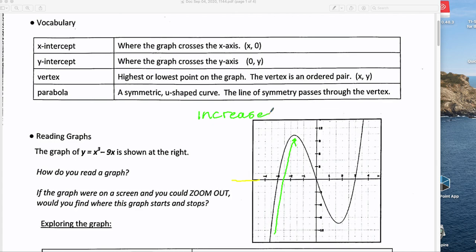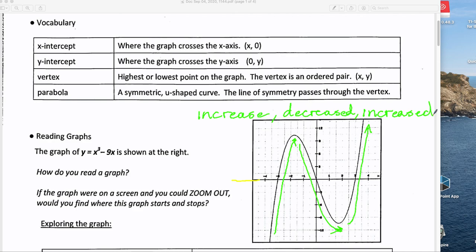And then I reached this point, and they started coming down, and they decreased. And then I go out here, and they increased again. This is what the y's are doing. The x's are just increasing.